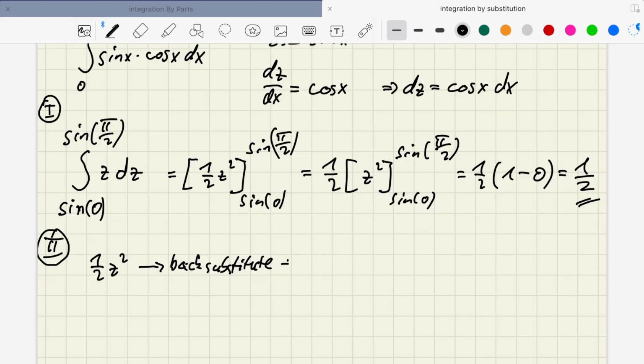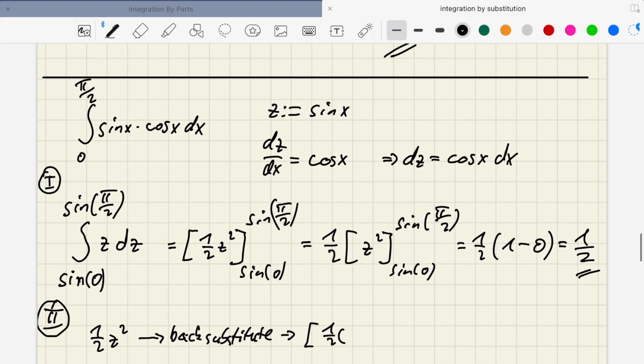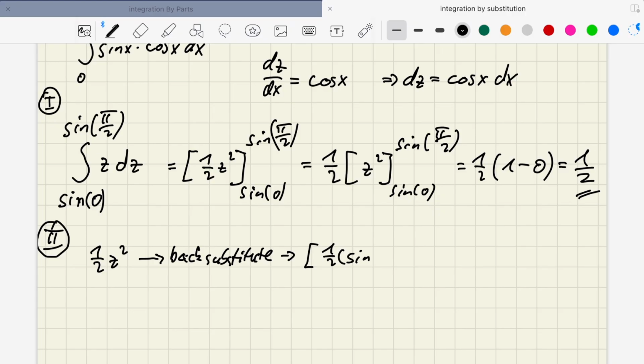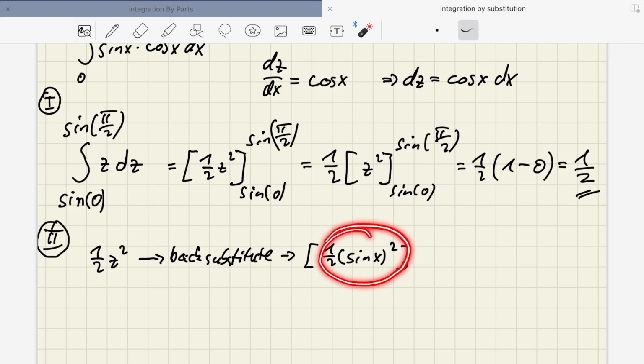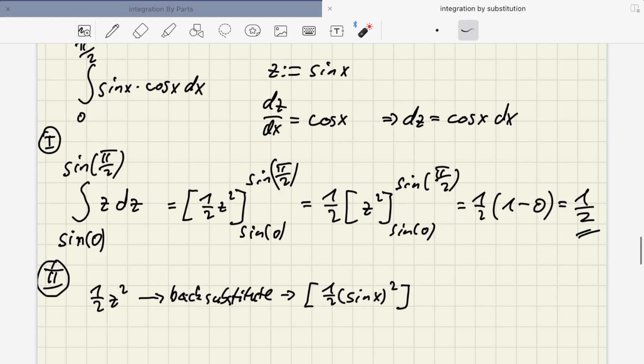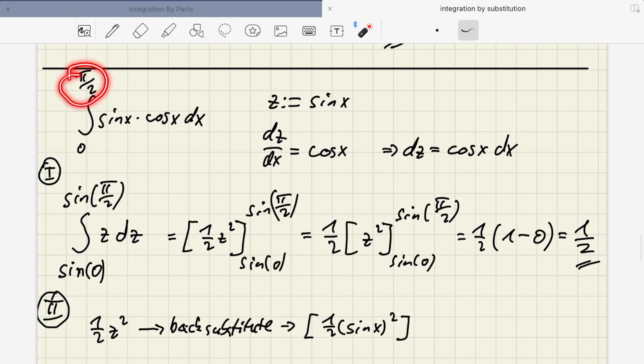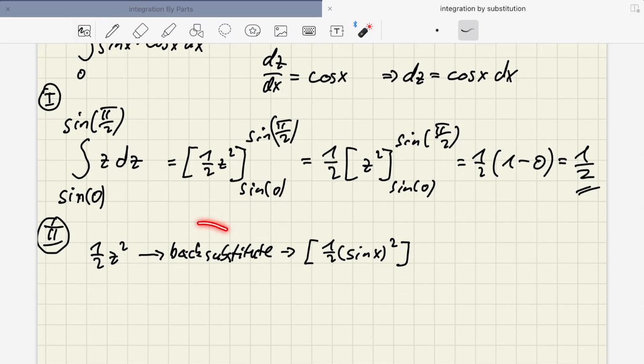And now you back substitute, and you have 1.5 multiplied by sine x squared. Okay, this is your stem function. And now you can put in your original limits again, because you back substitute.